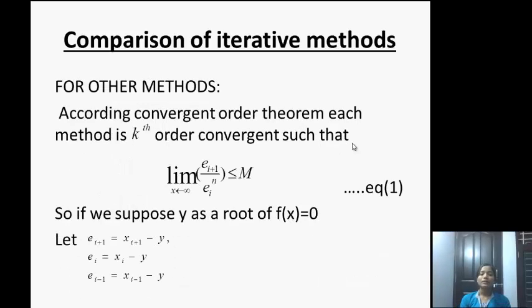For the other methods, according to the convergence order theorem, each method is nth order convergent such that the limit as i tends to infinity of e(i+1)/e(i)^n is less than or equal to m. Here n is the order of convergence. If we suppose y is a root of our curve f(xi) = 0, our error term at the (i+1)th iteration will be given by x(i+1) - y, and our error term at the ith iteration will be given by xi - y.